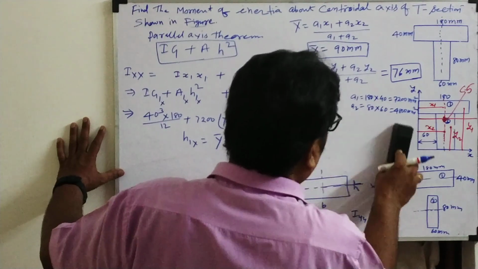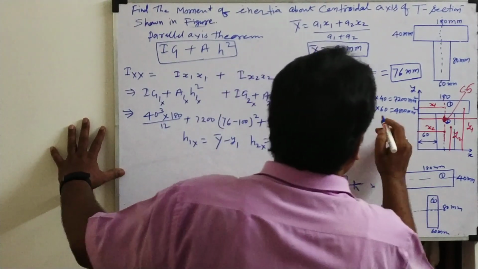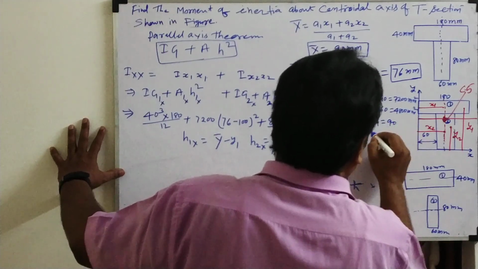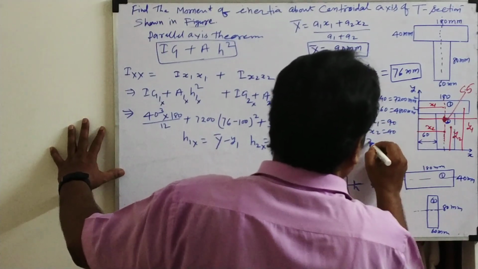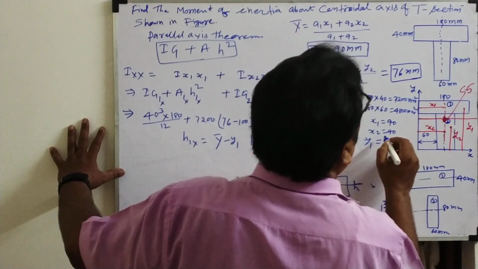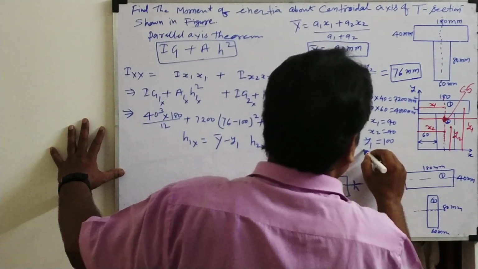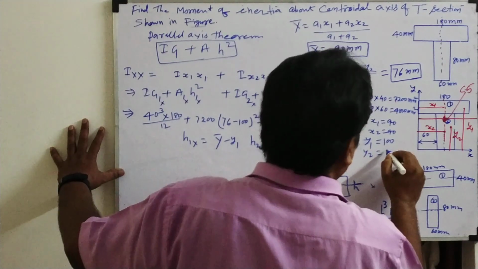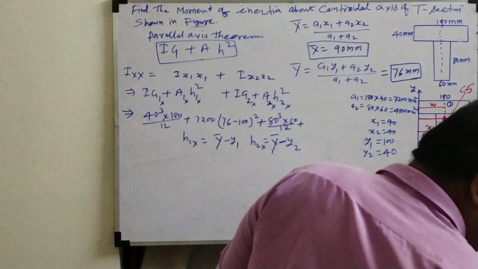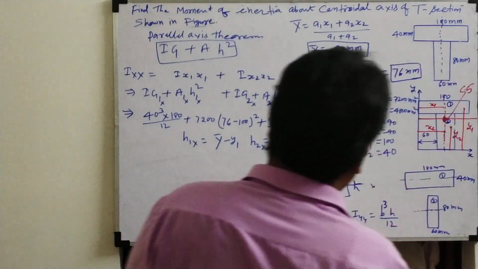We'll keep it here. We'll write x1, how much did we get? X1 we got 90, x2 we got 90, y1 we got 80 plus 20, 100, and y2 we got 40. That was the only value there, no? Y1 100, 80, 40. Correct.